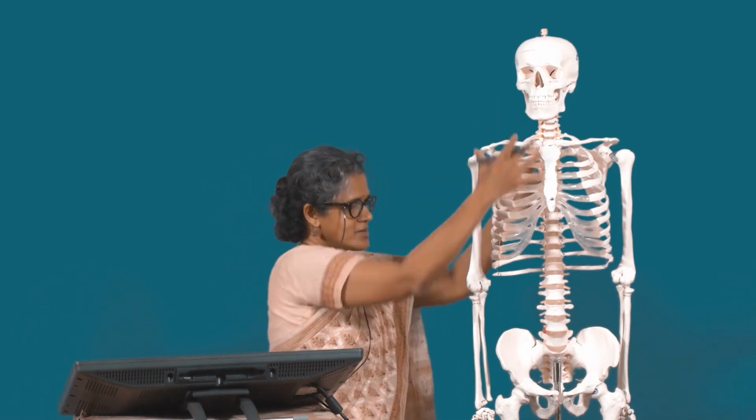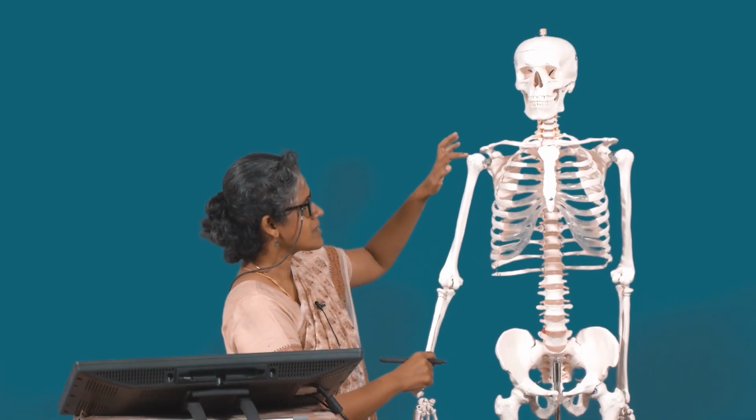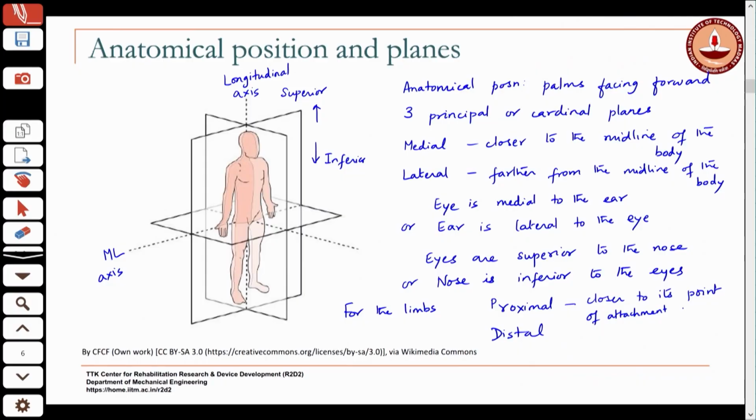Because if you think about your central portion of the body, the limbs are attached to that. Distal is when it is farther from the point of attachment.